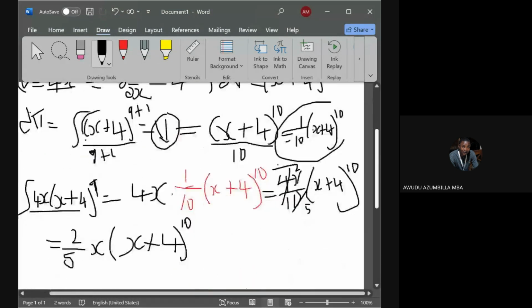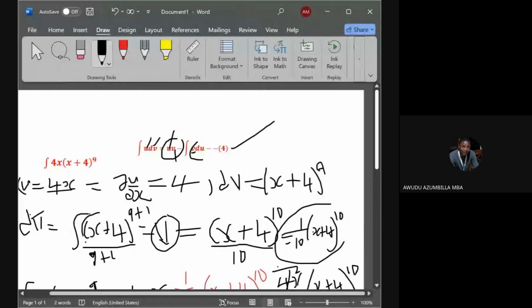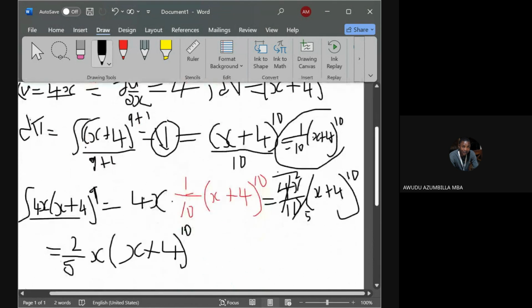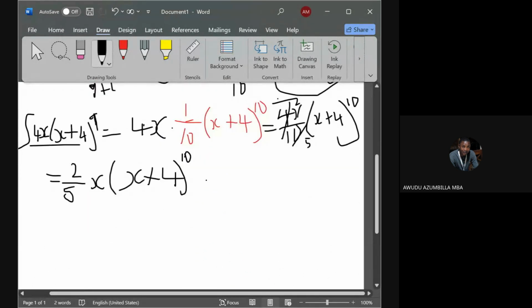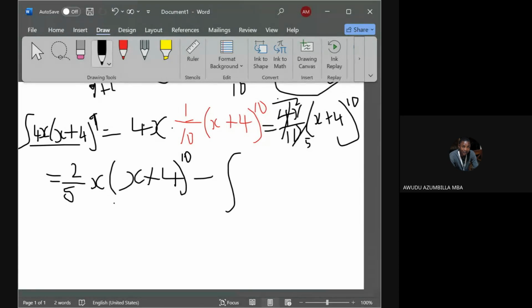You know that the formula is uv minus the integral of v du, so we take minus the integral of 2 over 5, x here before the bracket, x plus 4 raised to the power 10.